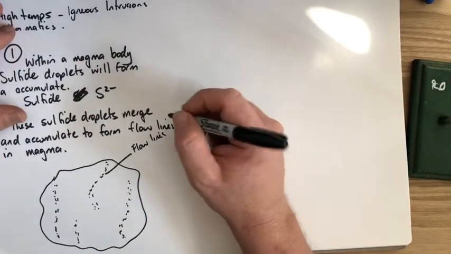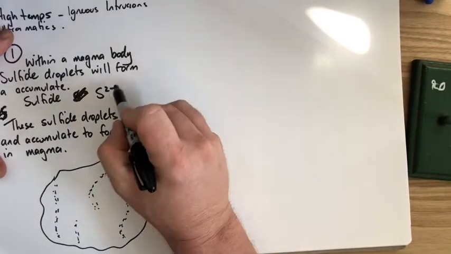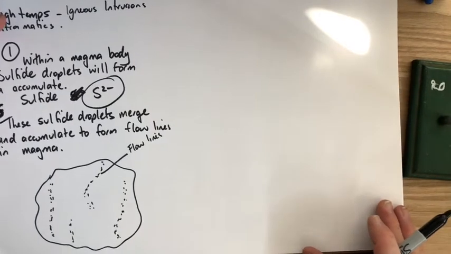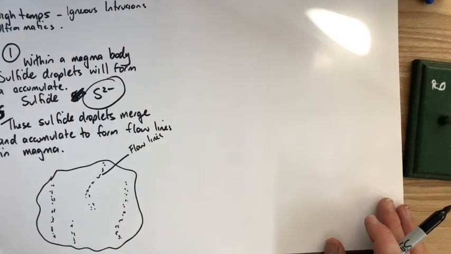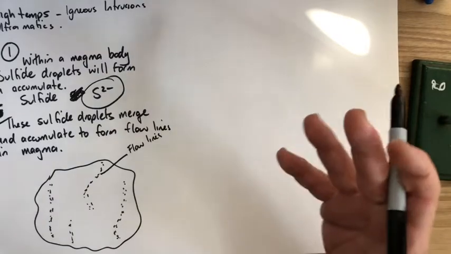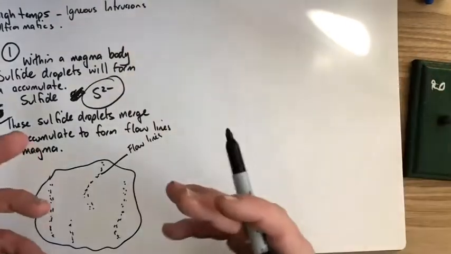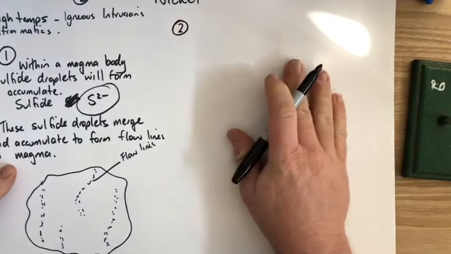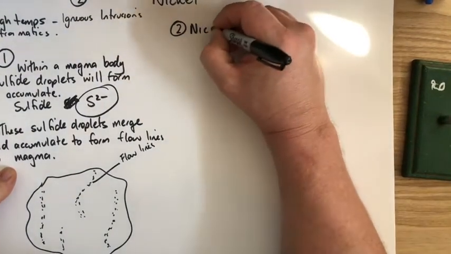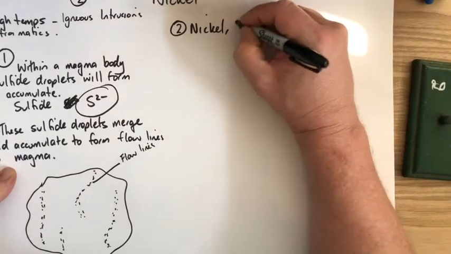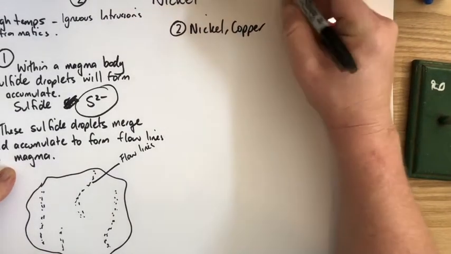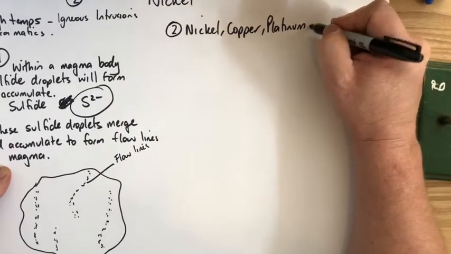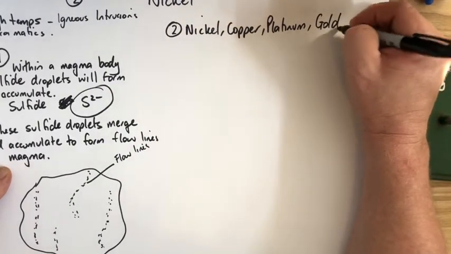All right, so remember I said sulfide is a negative ion. So what it wants to do is bond with a metal. So metals are attracted to sulfur. So let's go to 2. Nickel, copper, platinum, gold, the list goes on.